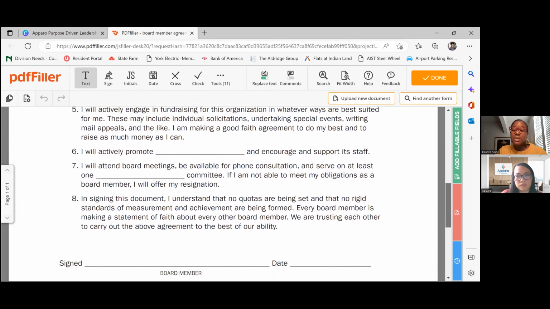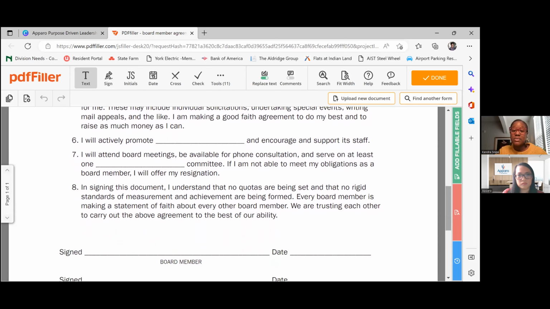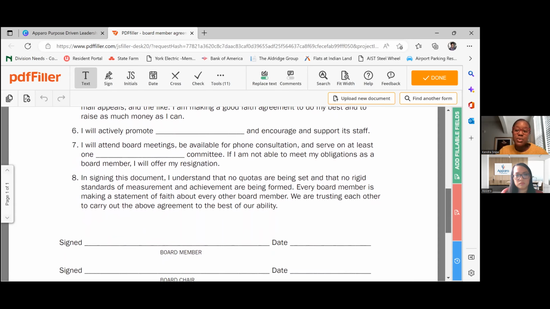If you're asking them to promote any activities or things of that nature, make sure there's not a conflict based on what their career is, because sometimes there could be conflicts with folks who are in the legal system and fundraising for an organization.